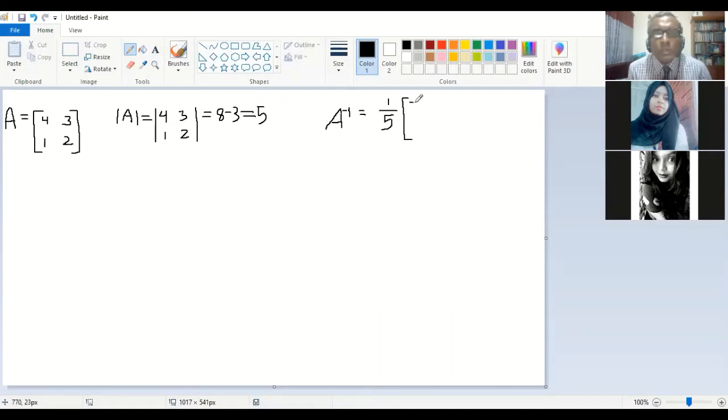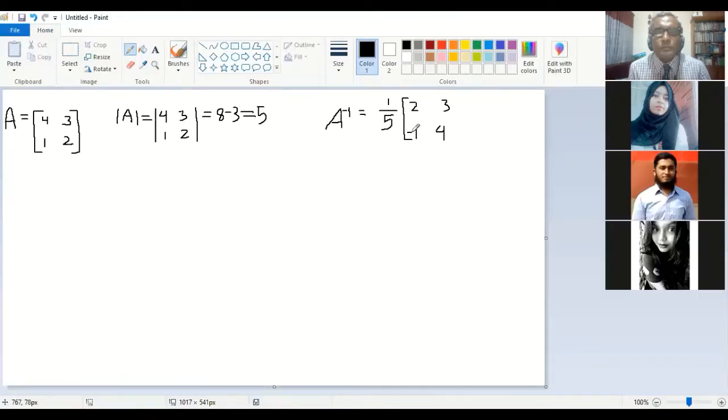You will swap the positions of the numbers in the major diagonal, so 4 and 2 become 2 and 4, and the other numbers stay the same but you use a minus sign, so minus 3 and minus 1. This is the inverse. So inverse A is 1 divided by 5 into the matrix 2, minus 3, minus 1, 4.